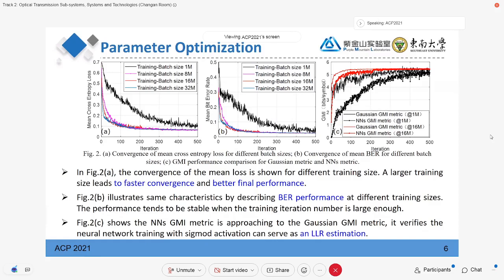As shown in Figure 2b, it shows similar characteristics by describing their performance at different training sets. Figure 2c shows the neural network's GMI metric is approaching the Gaussian GMI metric. It verifies the neural network's training with sigmoid activation can serve as an error estimation.